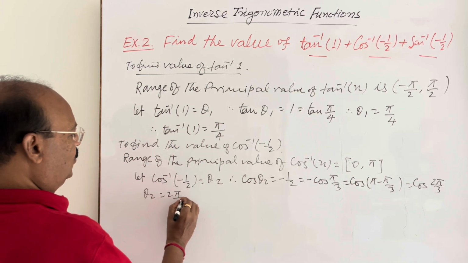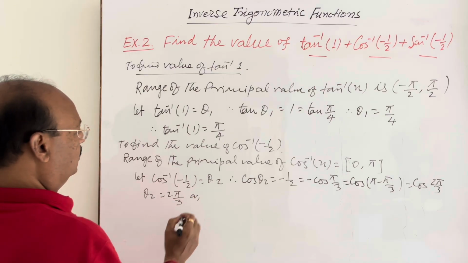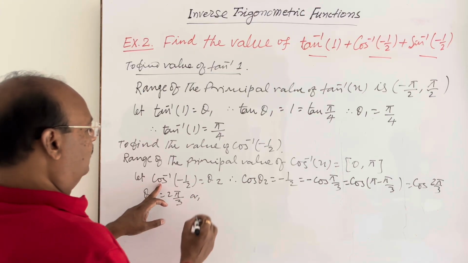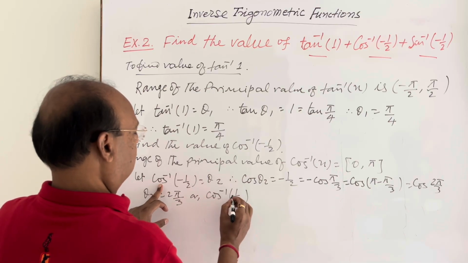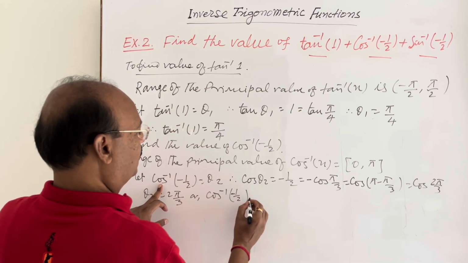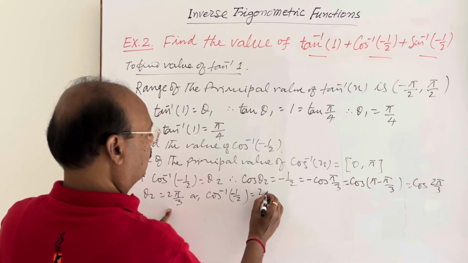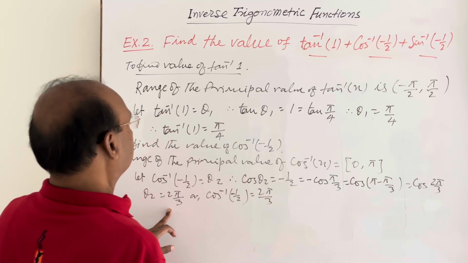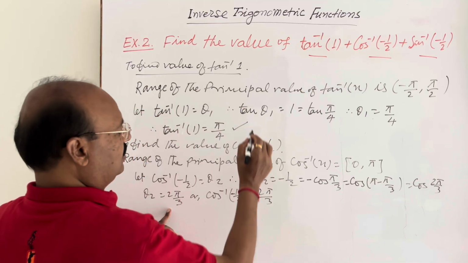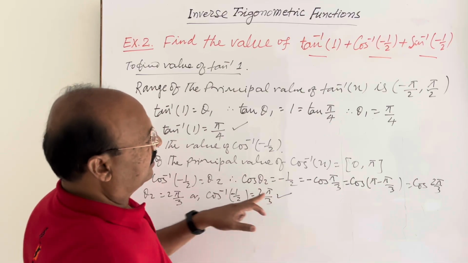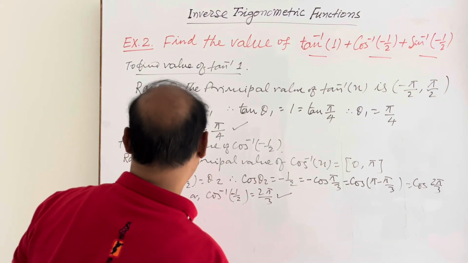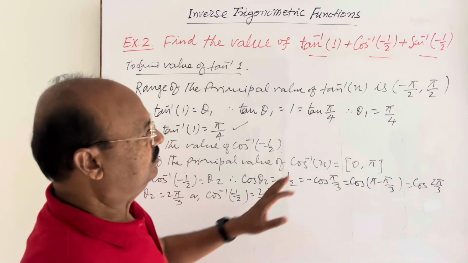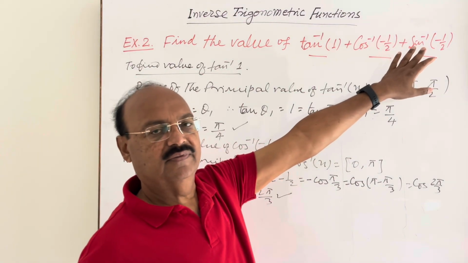Theta 2 is cos inverse of minus half. Cos inverse of minus half is equal to 2 pi by 3. This is the value of the second term. Similarly, we have to find out the value of the third term also. What will be the range of the sine inverse function?